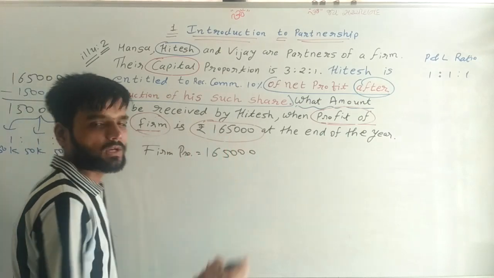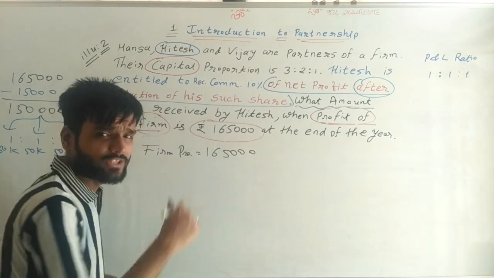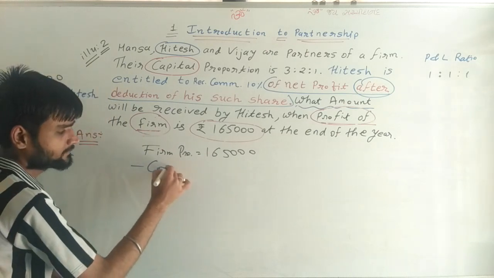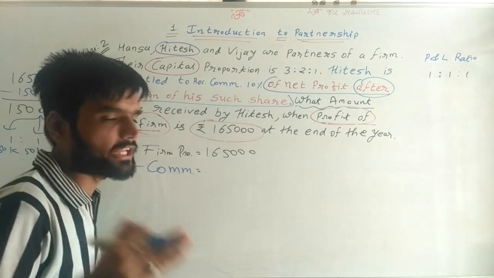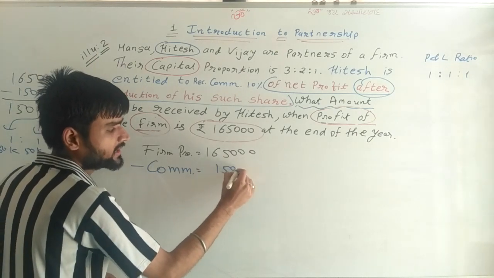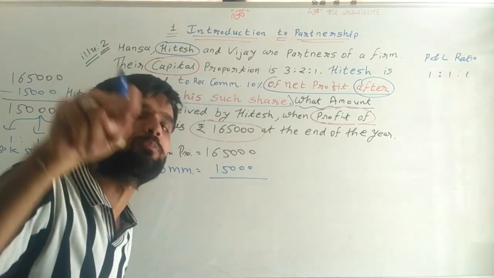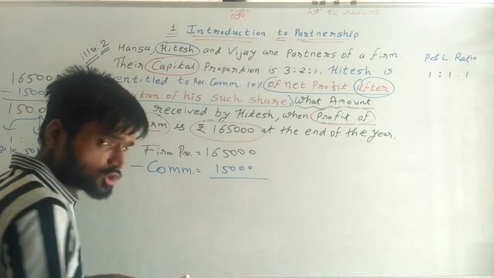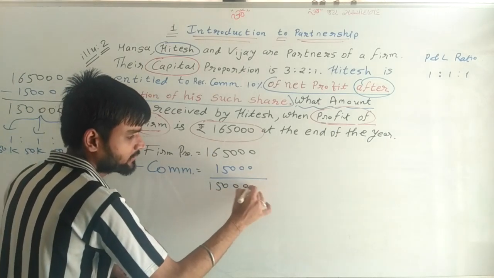So my firm profit is 1,65,000 rupees. Now from this firm profit we are deducting commission, because this commission is paid to Hitesh. So 15,000 is the commission of Hitesh that we have calculated on the basis of firm profit. So what is my remaining profit? My remaining profit is 1,50,000.